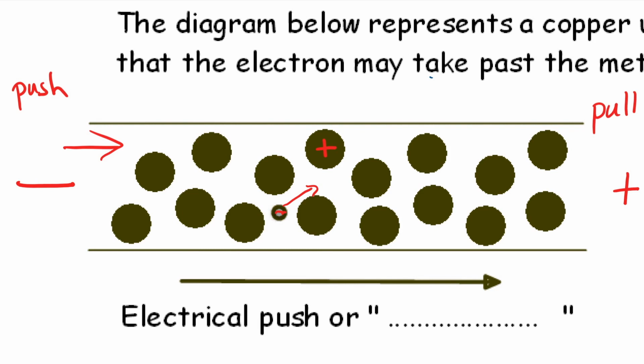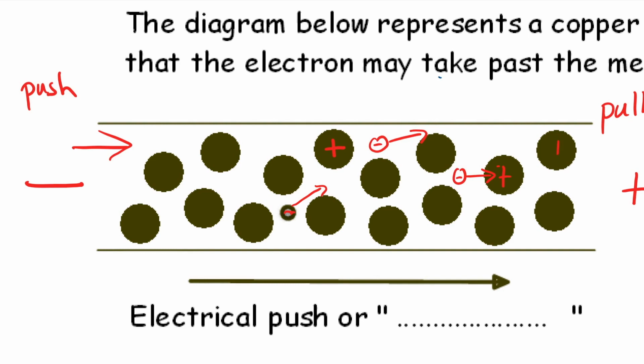And the electrons are trying to move towards this positive side, but what happens is that they get attracted by these positive ions. So the more positive ions you've got in the wire, the more difficult it is for the negative electrons to pass by.